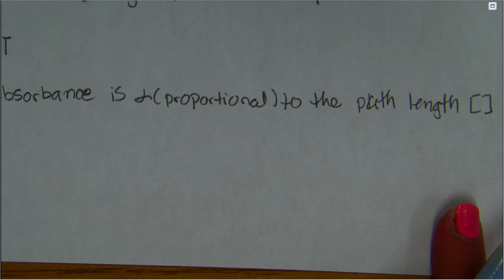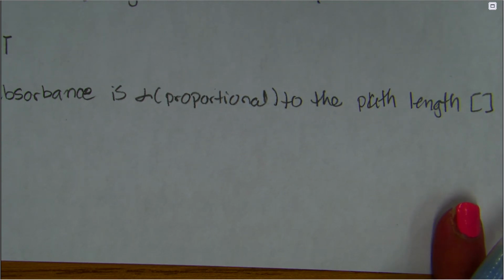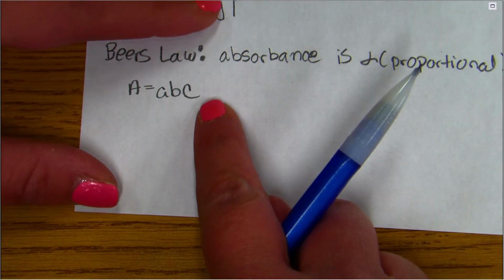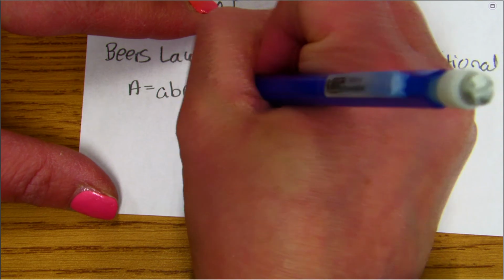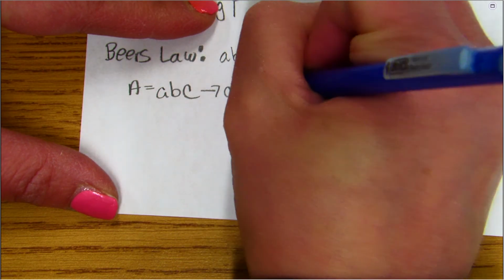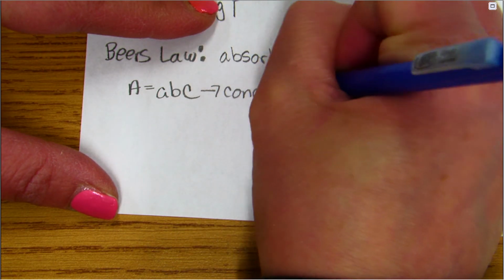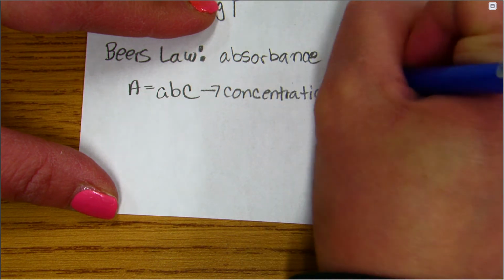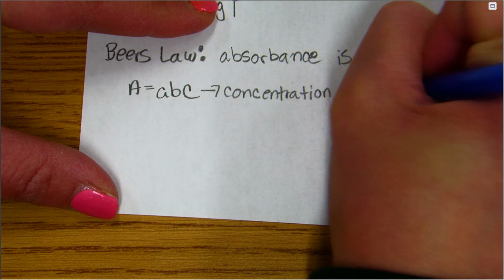So let's dive in and look at our formula. C is our concentration of the substance, and we know that concentration is moles divided by liters.